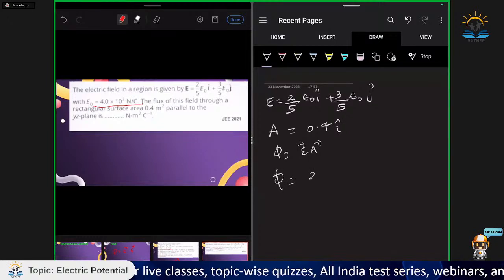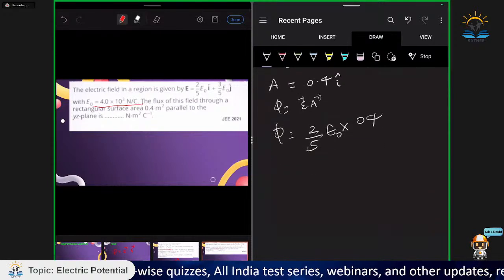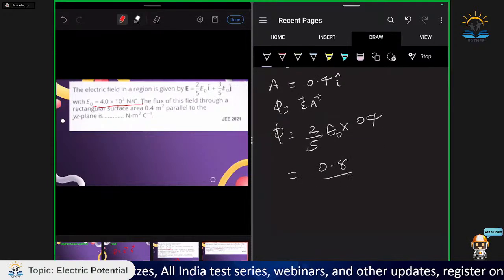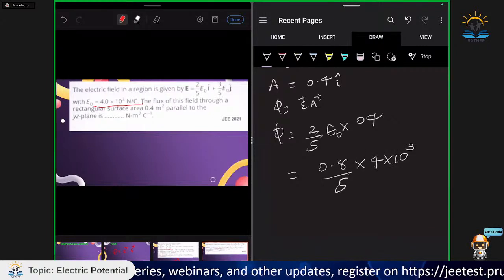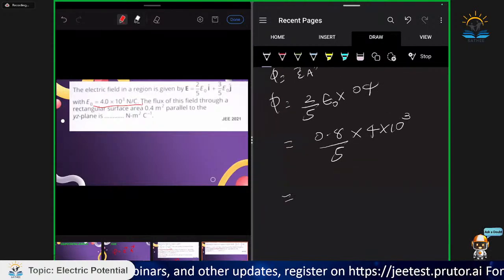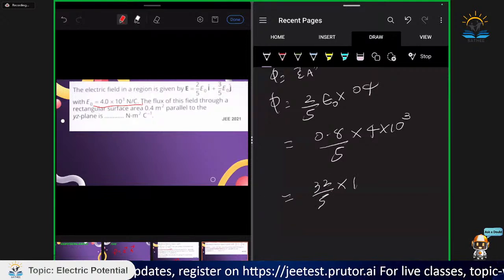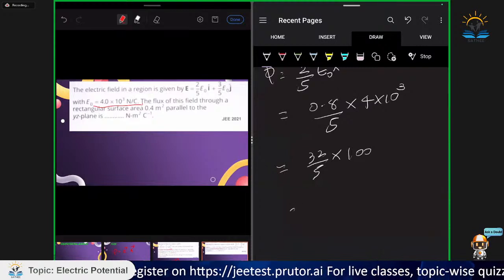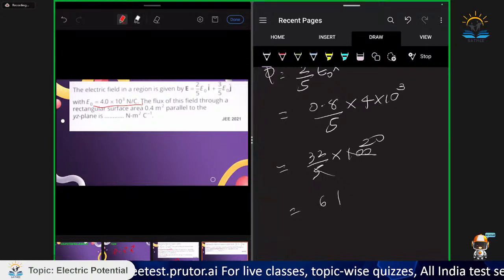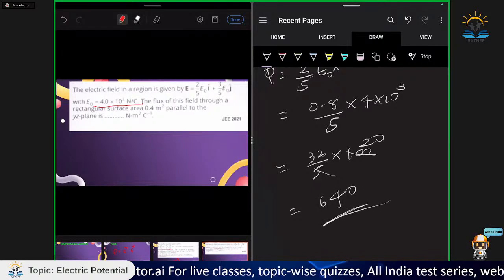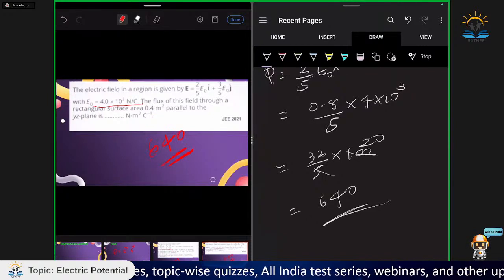Flux will be 2 by 5 E0 into 0.4, which is 0.8 by 5 into E0. E0 is 4 into 10 raised to 3, so 32 by 5 into 100, which is 32 into 20, that is 640. The answer is 640.